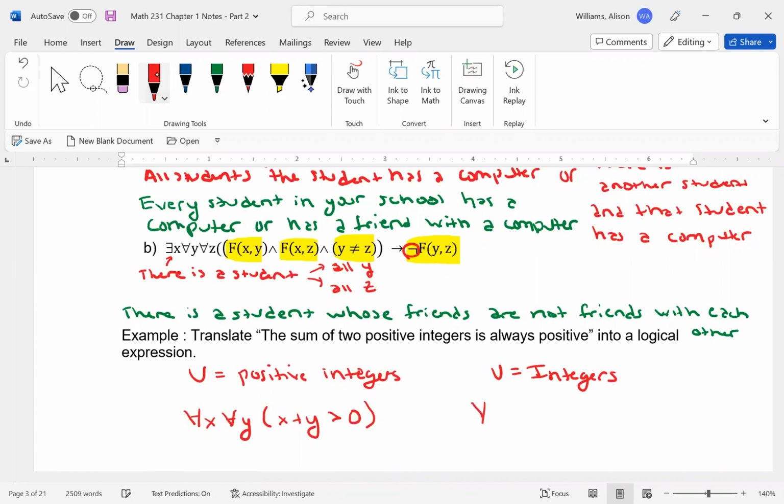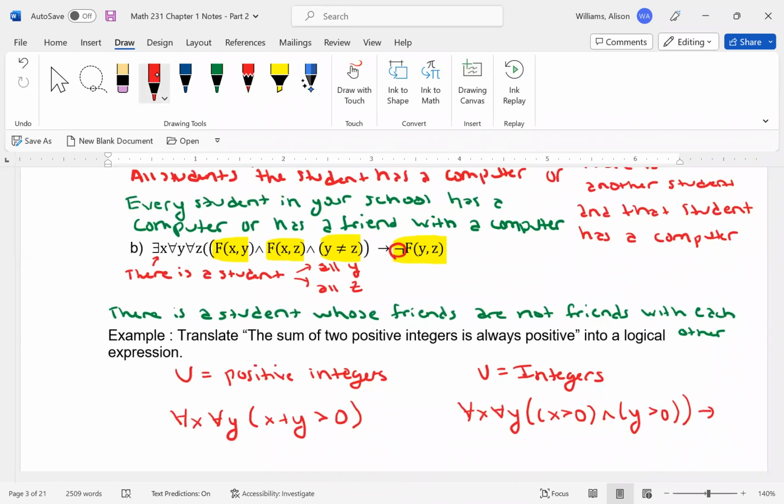So, for all x and for all y, where x is bigger than 0, and y is bigger than 0, then x plus y is bigger than 0. That's another way we can state it if we just want to do it with the integers.